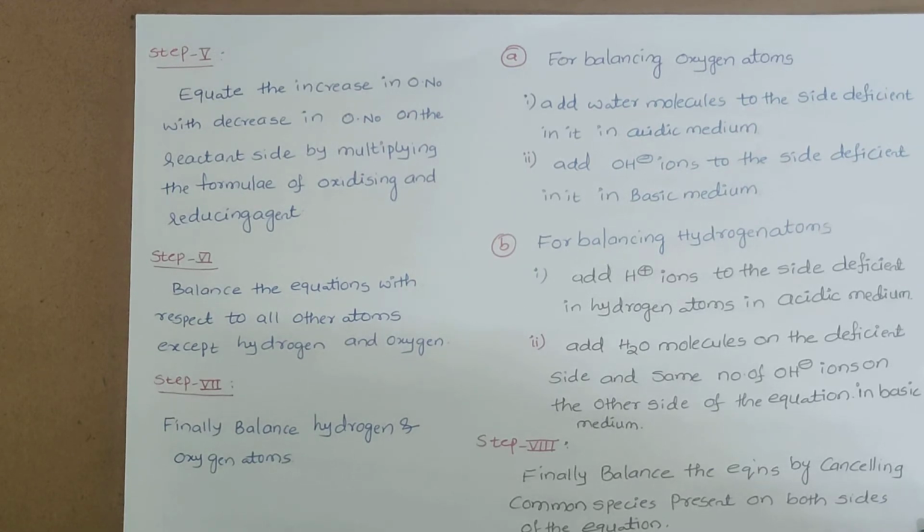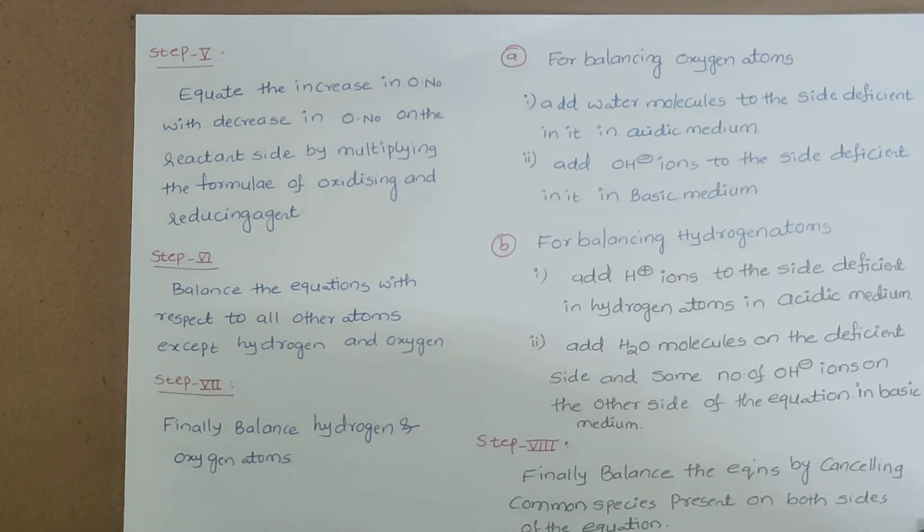In step 7, after balancing the other atoms, first we need to balance the oxygen atoms. Here also we need to take into consideration whether it is acidic medium or basic medium. If the reaction is carried out in acidic medium, to balance the oxygen atoms, add water molecules on the deficient side.